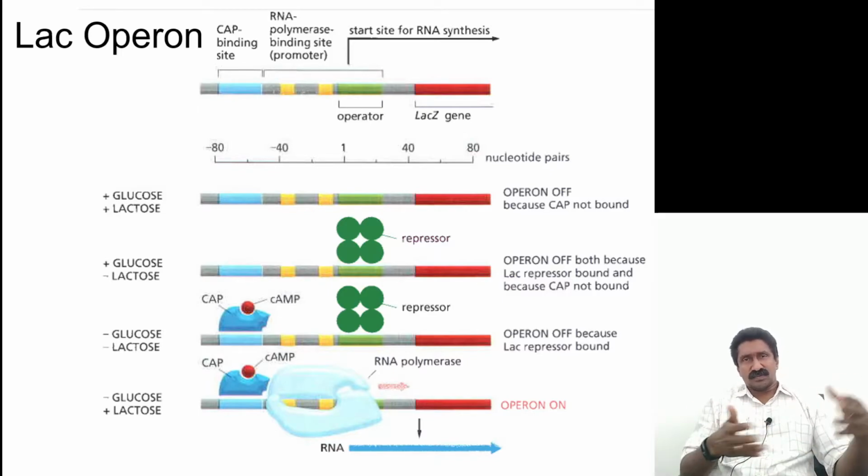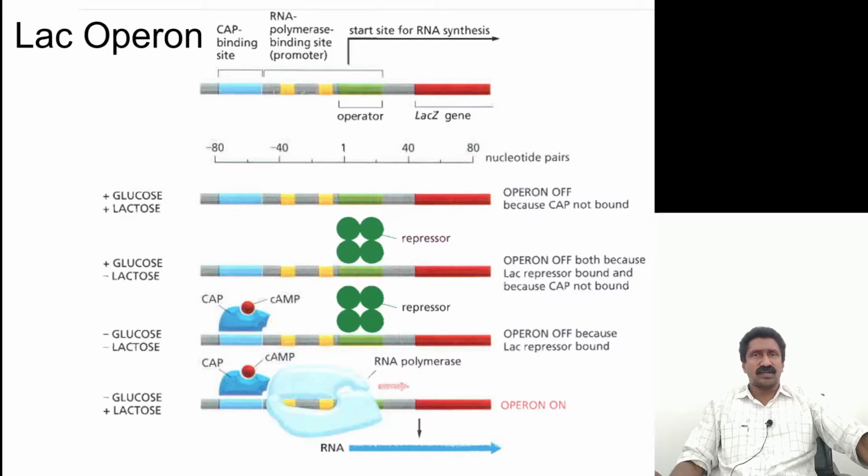We will discuss the operon concept in another session, where the basic concepts will be covered. Here, the lac operon has a CAP binding site, or positive regulation element. There is an RNA polymerase binding site, or promoter, and an operator region, and these are the lacZ gene. Starting from this point, the RNA synthesis starts.